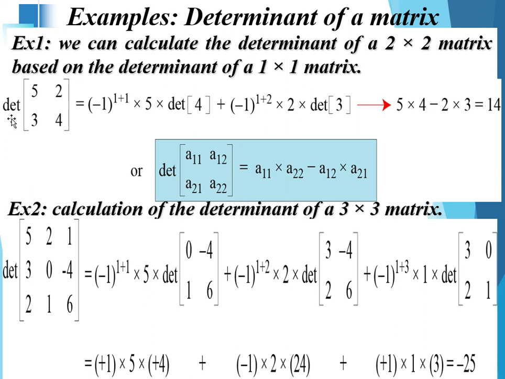The determinant is the summation of (-1)^(i+j) into A_ij, with i j as 1 1, and the determinant of A_ij, and the resultant we will get this value.